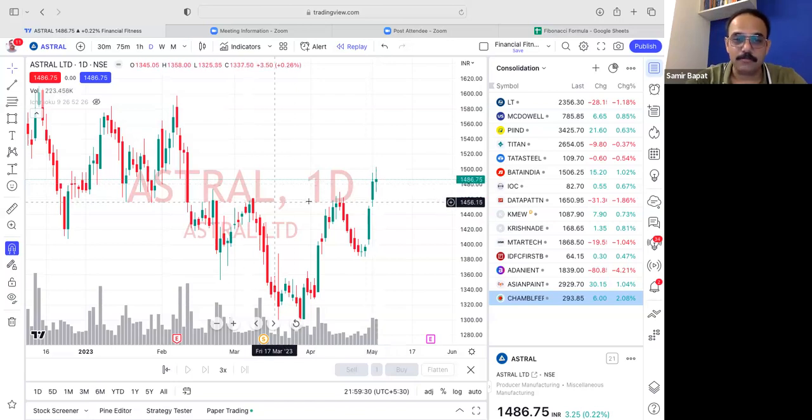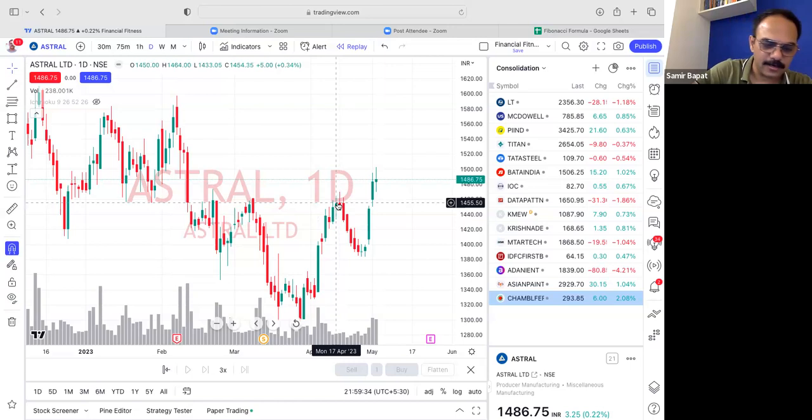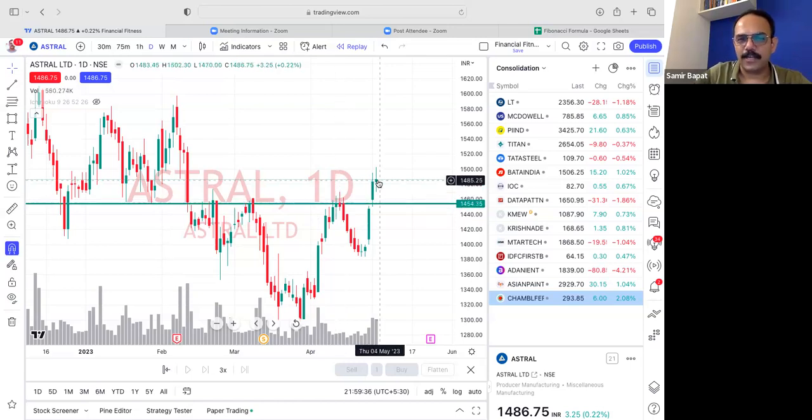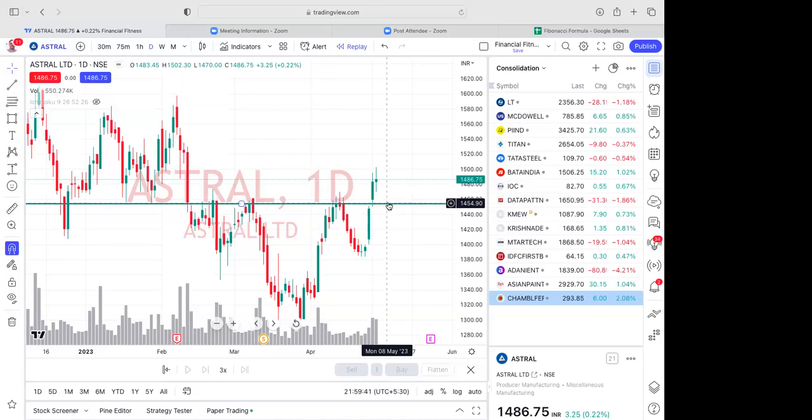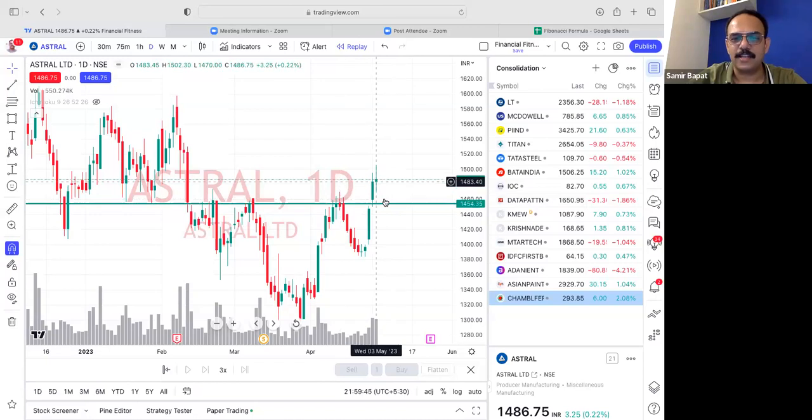So sometimes, if we take this as a neckline, need not worry. It may come back to this neckline, pull back to the neckline and then go ahead. So if it is coming till here, let's say tomorrow, day after tomorrow, within 1 or 2 days, still need not worry. It doesn't mean that the head and shoulder has failed.